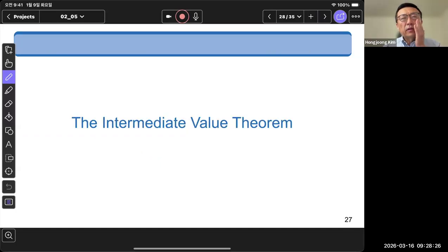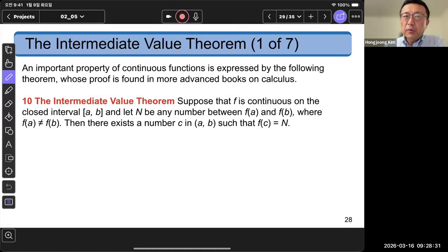Now we have the intermediate value theorem. So what is this? The intermediate value theorem says, suppose that I have a continuous function f on some closed interval. So this closed is important. Closed means the two endpoints a and b are included.